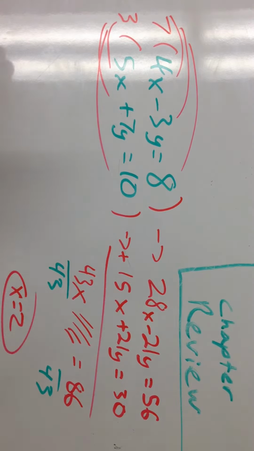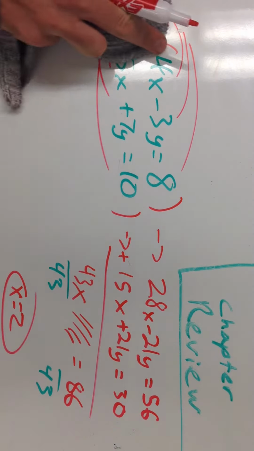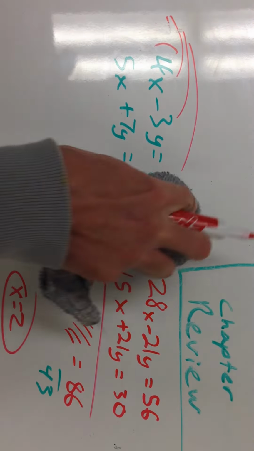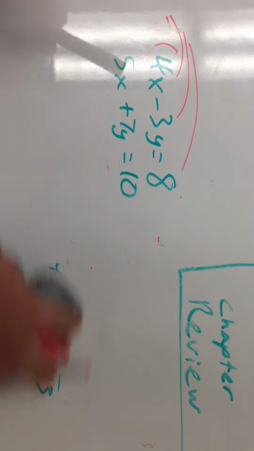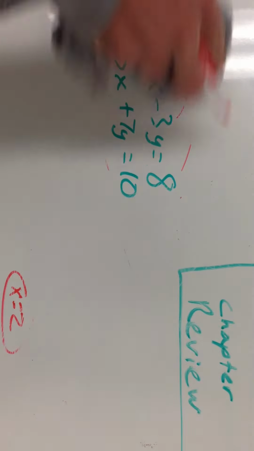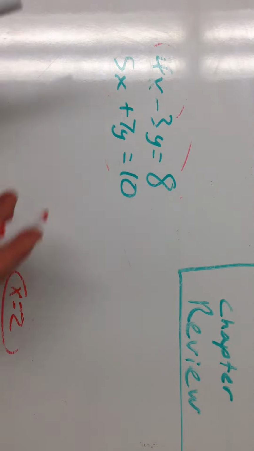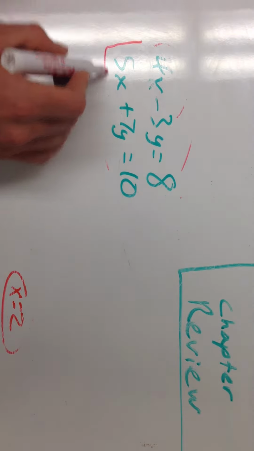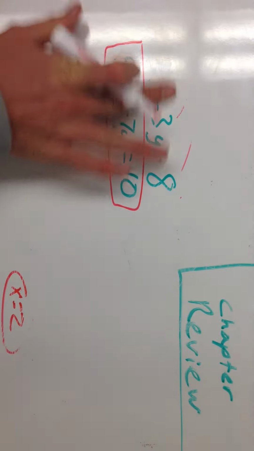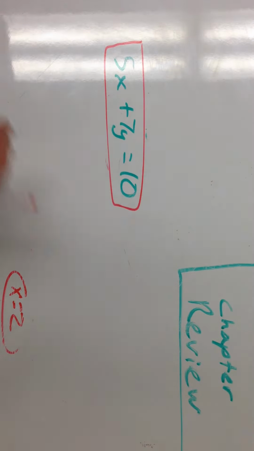Awesome. Obviously I'm not done here. I need to go back to the beginning to solve for what y equals. So if x equals 2, I can go to either equation. I'm just going to choose this bottom equation because I kind of erased the top equation, but it doesn't matter, right? I can choose either one. I'm going to plug the 2 in there for x.